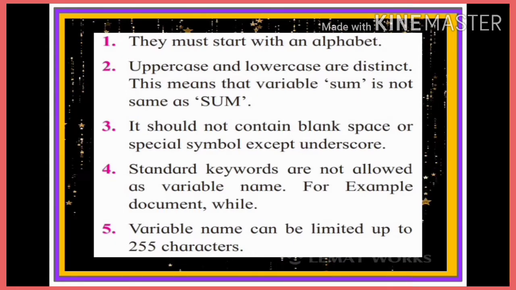Fourth rule is standard keywords are not allowed as variable name. For example, document, while, if, else, etc. And last rule is variable name can be limited up to 255 characters. Means maximum length of variable name is 255 characters.